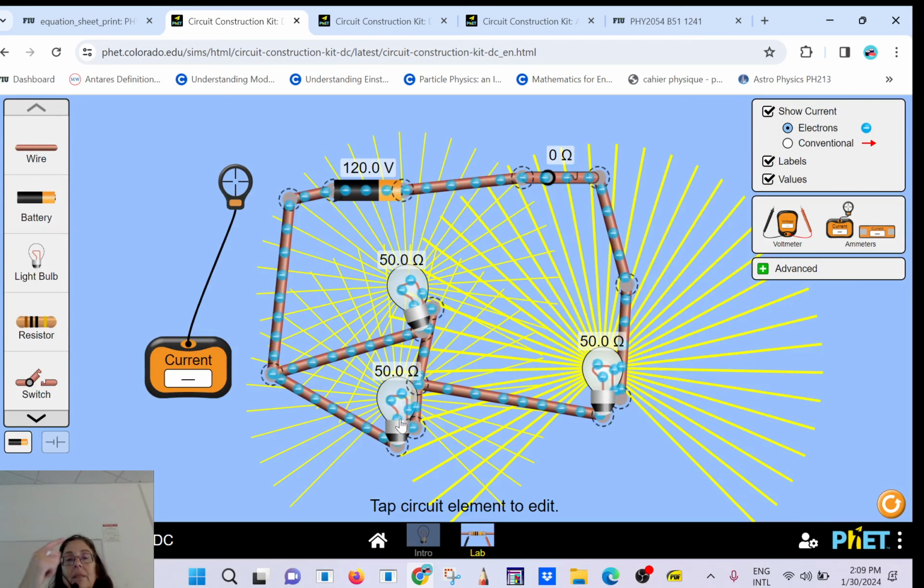So let's do that in our head. Ready? You always start with the components that are in parallel. So 50 and 50 are in parallel. So what do we get?